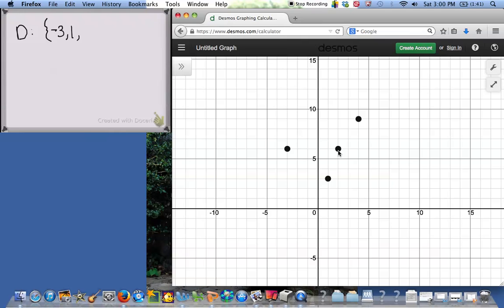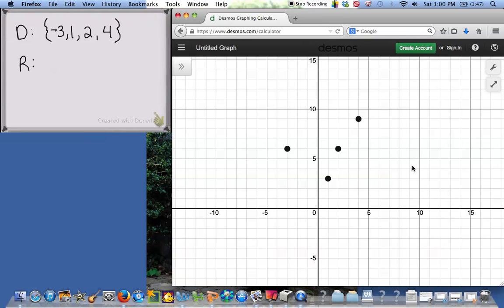Then this has an input of 2 and an input of 4. Those are the only 4 X values that are possible inputs for this function. There is no point over at 10 or -10 or -5, only -3, 1, 2, and 4.